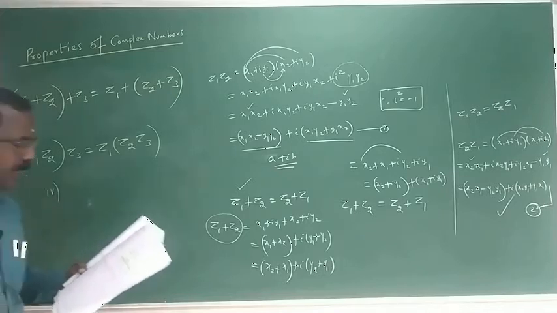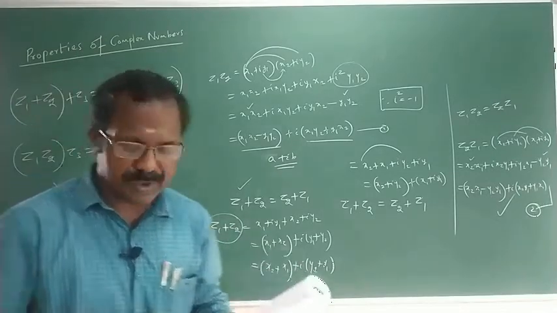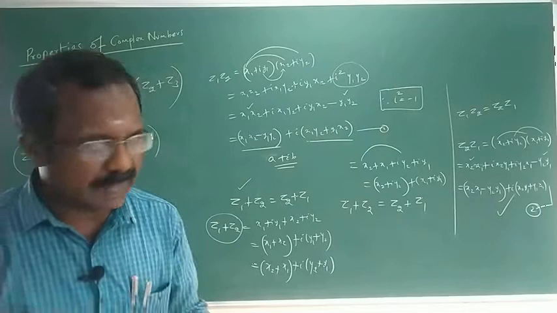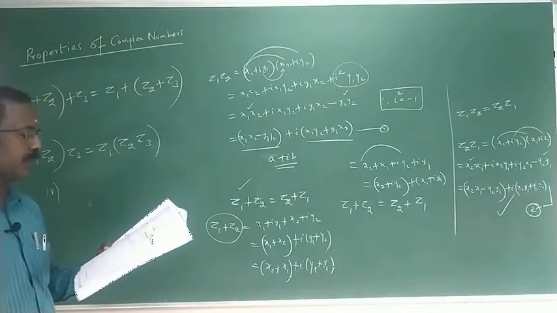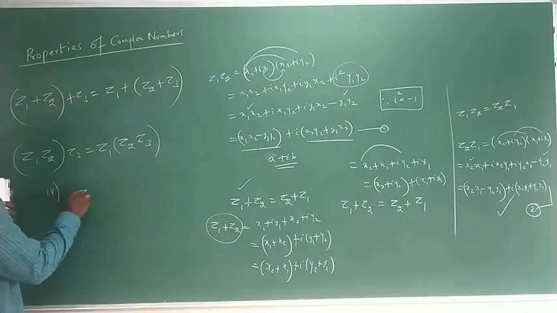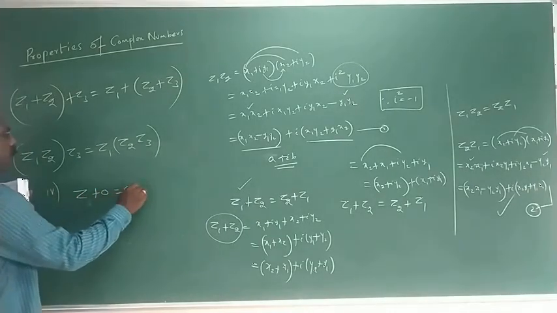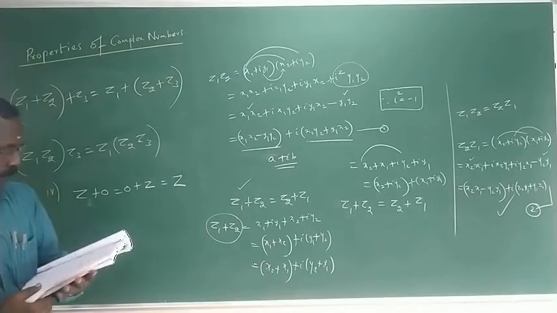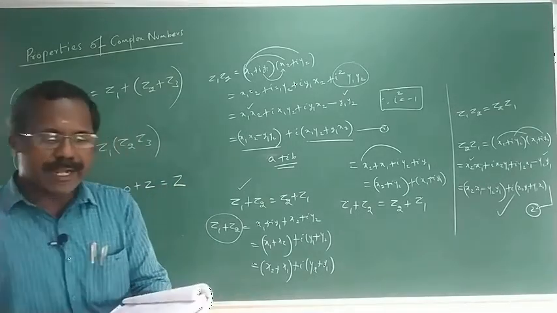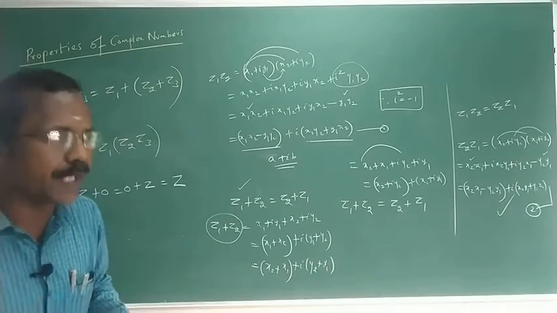Additive identity. There exists a complex number 0 equal to 0 plus i0 such that for every complex number Z, we can write Z plus 0 equal to 0 plus Z equal to Z. Additive identity for addition is 0.